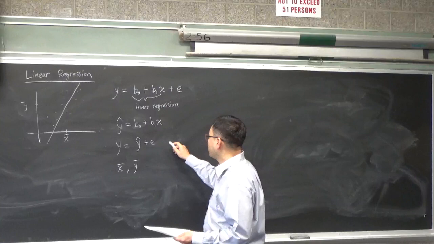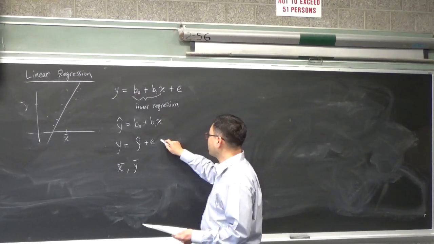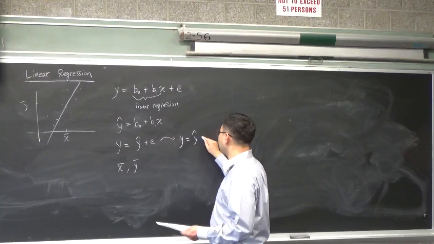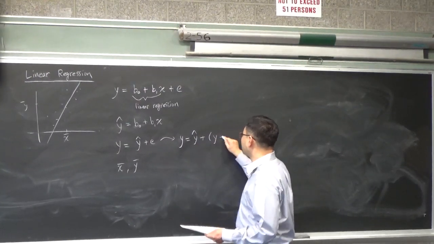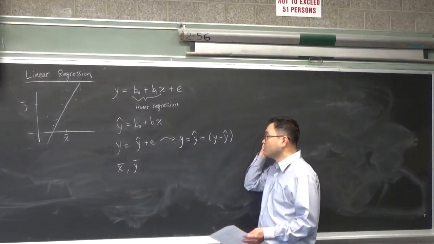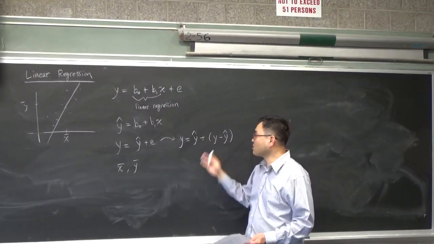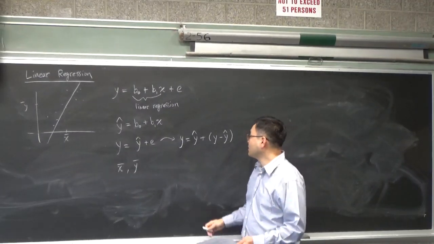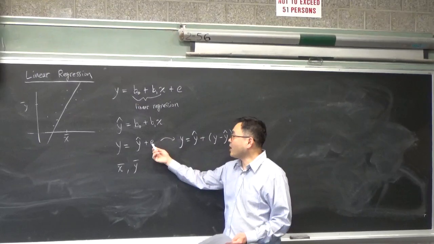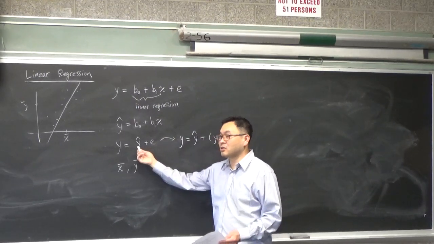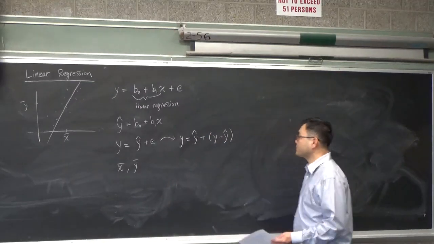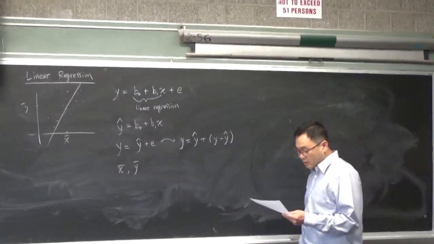Okay. So let's rewrite this as y equals to y hat plus y minus y hat, which is a tautology. Right? This is always true, it doesn't have to be y hat and y. Just to note, what is E? E is the error between your prediction made by the linear regression line and the actual value observed. Right? So let me write like that.